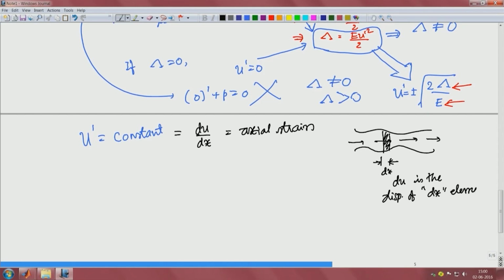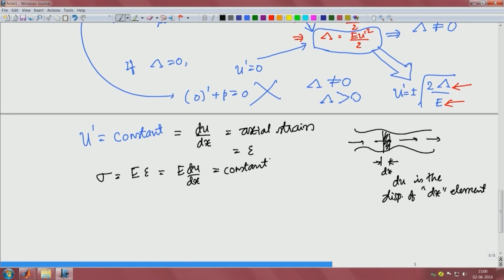So, based on the strain that we know very well, du by dx is the axial strain epsilon, then the stress is E times epsilon, that is E du by dx. Since du by dx is constant, stress is also constant.